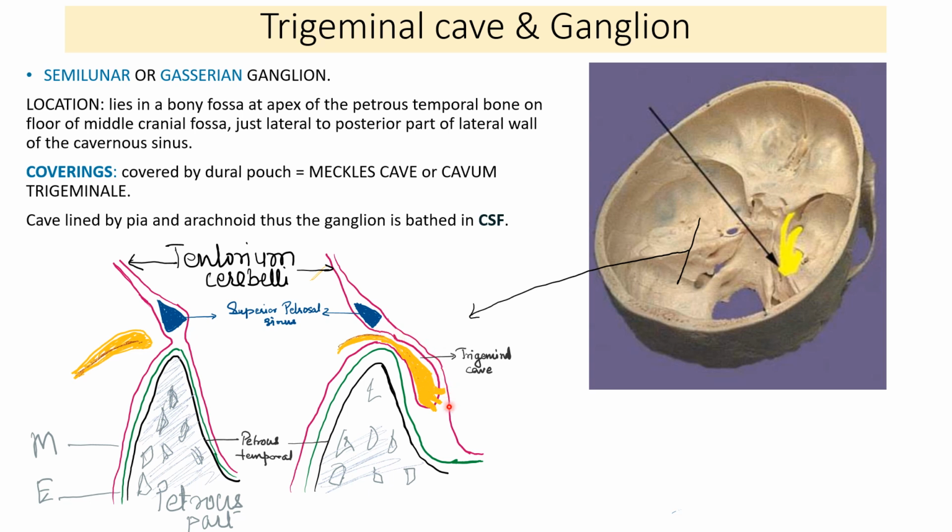So this dural pouch, which has here the three layers of the meningeal dura and one layer of the endosteal dura, this area is called the trigeminal cave or the Meckel's cave. So this is the trigeminal cave and the entry of the trigeminal ganglion into the trigeminal cave.